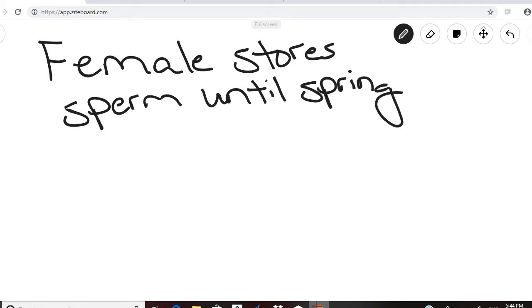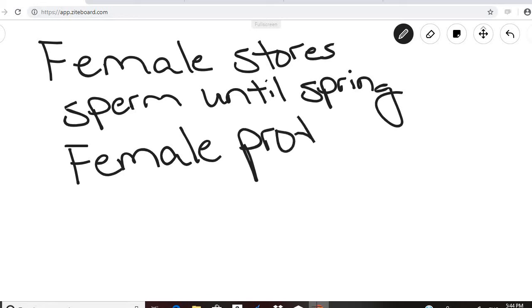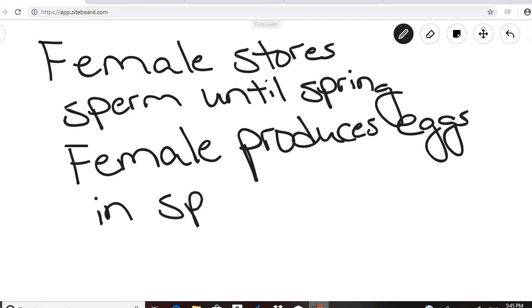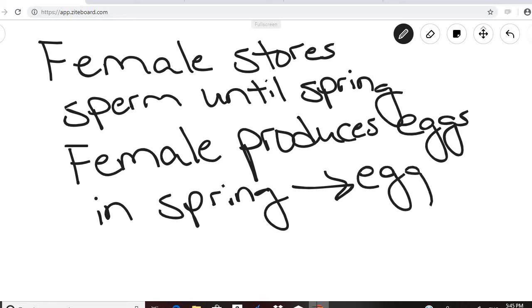And then in the spring, the female will produce eggs, and those sperm will be used to fertilize the eggs. So the eggs get fertilized by those sperm that have been stored.